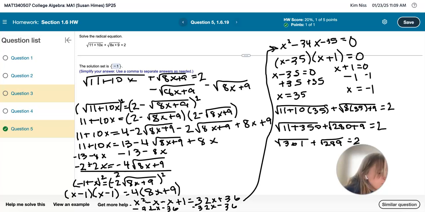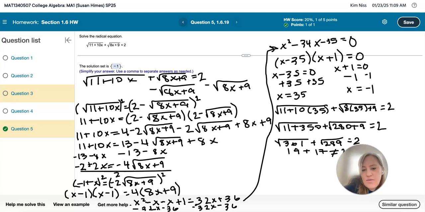So the square root of 361 is 19, and the square root of 289 is 17. You can tell right off the bat, 19 plus 17 is not 2, so 35 is not a solution.